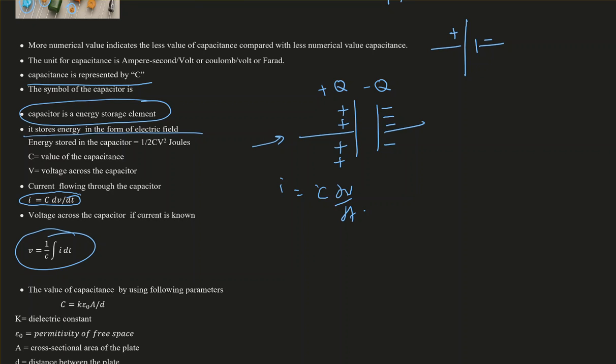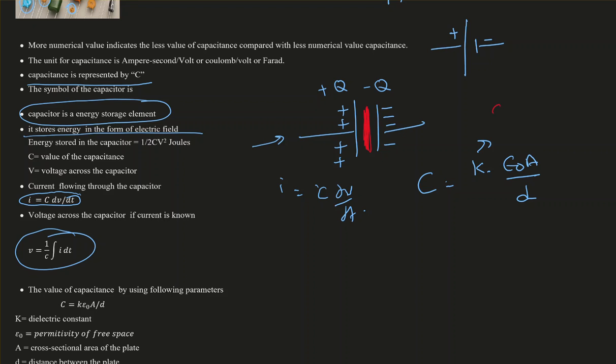Now, the value of capacitance C equals K times epsilon naught A over D, where K is called the dielectric constant. It varies from material to material, basically based on what kind of material we are using in between these two plates. It varies 1, 2, 5, 10, something like that.